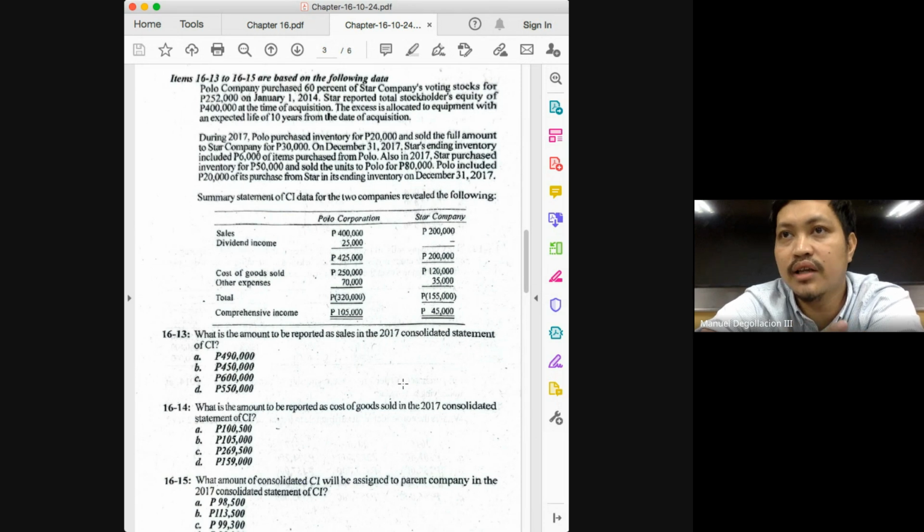Now, what is crucial here, class? Always the adjusted income of the subsidiary. If you got the adjusted income of the subsidiary wrong, your consolidated income would be wrong, then the share of the NCI would also be wrong. Now, why am I re-emphasizing that? It would have been possible that you swapped the 6,000 and the 20,000. If your adjustments from the 6,000 and the 20,000 ending inventory were swapped, your answer would be wrong.